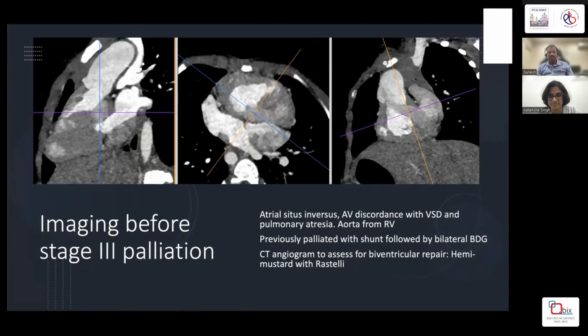We chose CT because the echo showed the RV volumes were small, meaning RV size was smaller, hence we decided to leave the bidirectional Glenn and only do hemi-Mustard with Rastelli. That is the baffling of the inferior vena cava and the pulmonary veins, and the Rastelli. The VSD was considered adequate for the Rastelli procedure, and this patient underwent successful surgery.